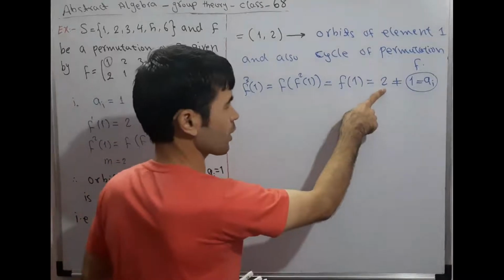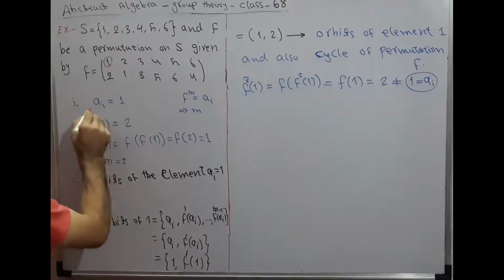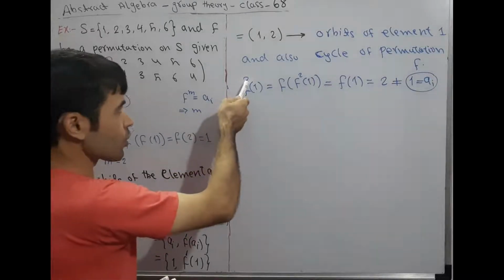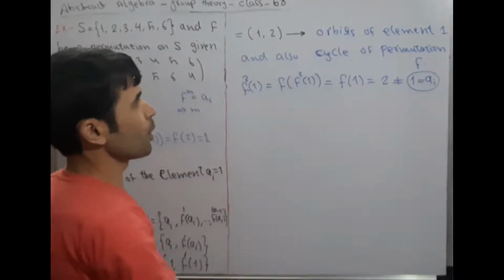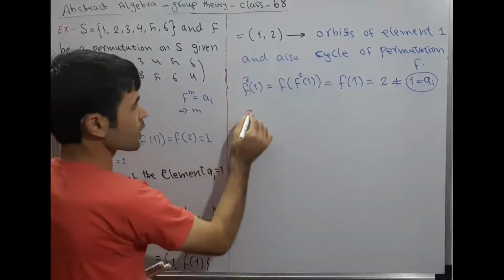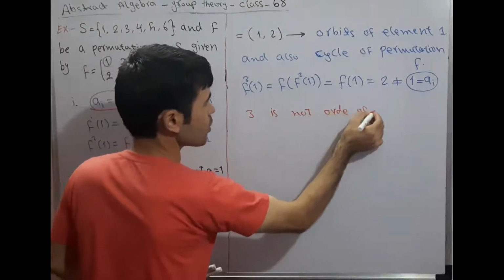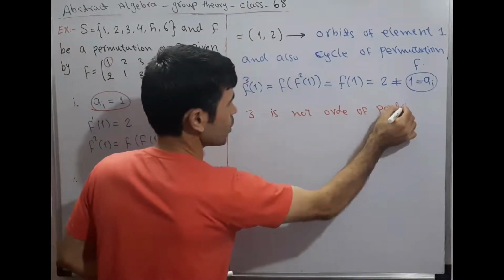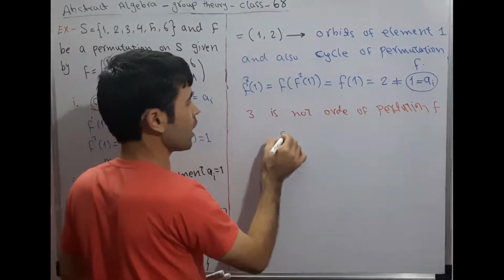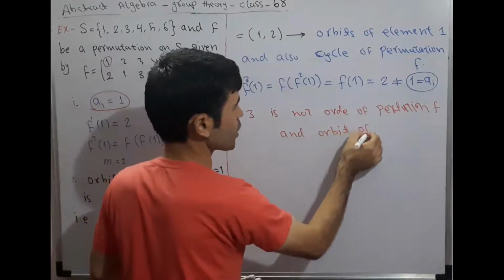This element 2 which we get is not equal to the original element, 1. Therefore, 3 is not the order of the permutation f or the orbit of 1.